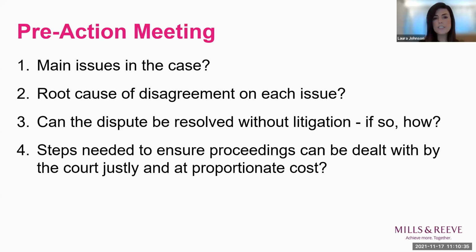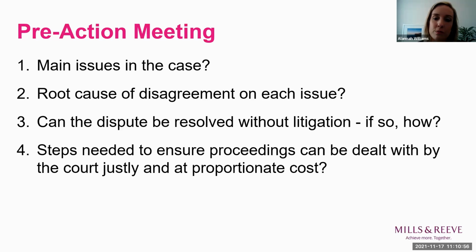Now, you said there, Adrian, that one of the objectives of the meeting is to consider resolving the dispute. But what happens if a resolution can't be reached? Perhaps I can answer that, Laura. So this is actually fairly commonplace. If the parties can't resolve the dispute at the meeting, the parties can still use it to bottom out future steps.